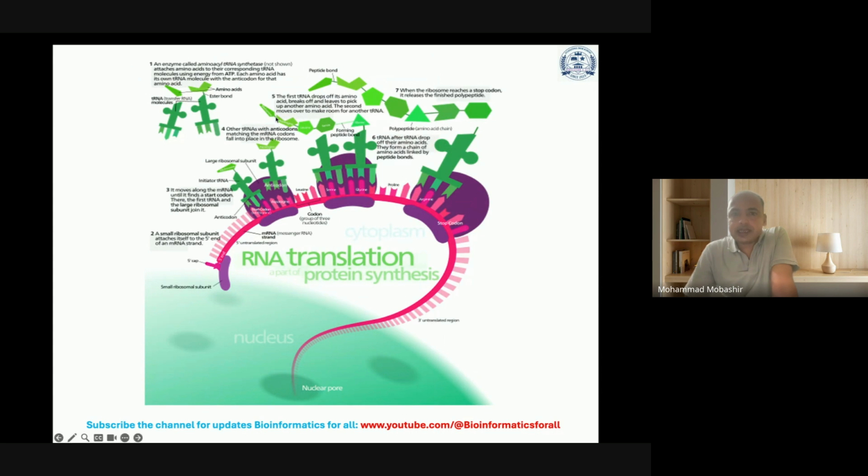And then the next step, basically, there are a series of steps which are required for final protein synthesis. And depending on your educational standard, for example, if you are in +2 or graduation or some higher level, you need to understand the process of translation or protein synthesis.